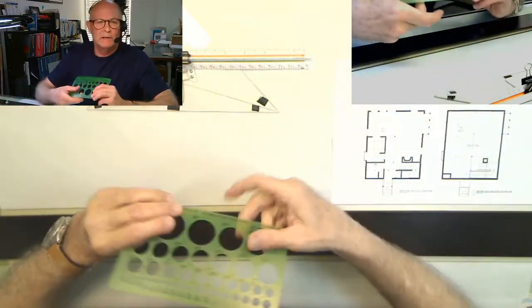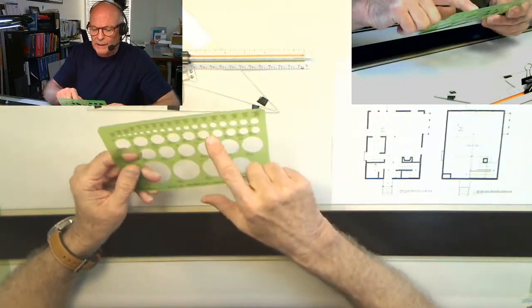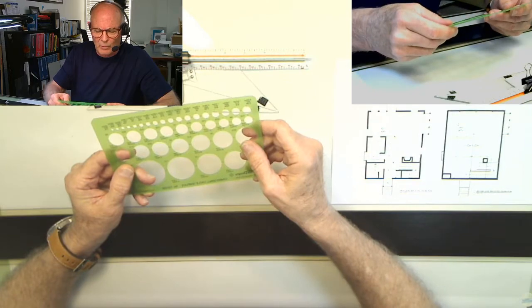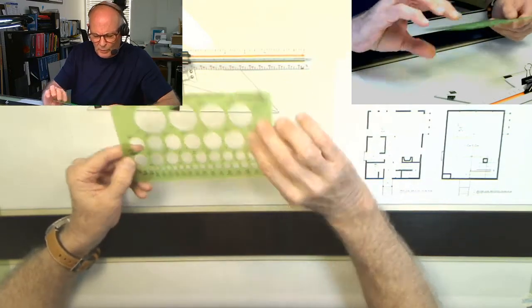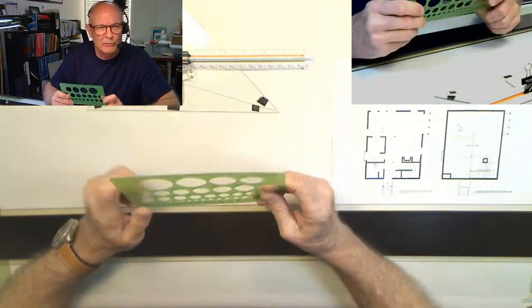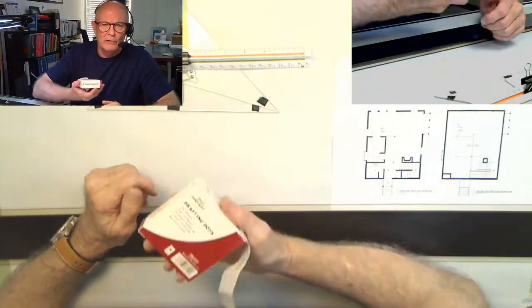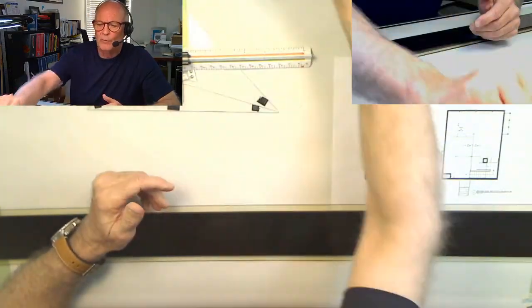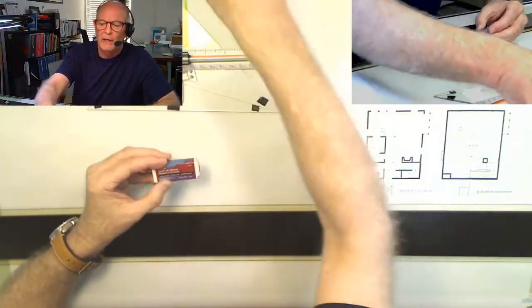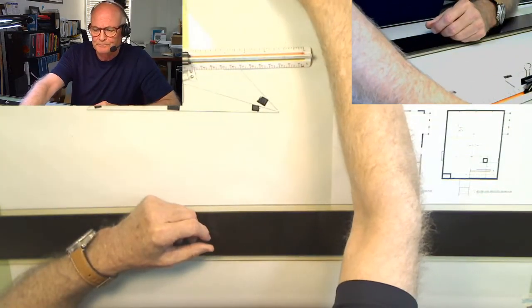Then a circle template that has a variety of circles. The ones that are going to be important are ones that are listed to have a 1/8 inch diameter circle in them. So that'll be helpful later on. Some tape for holding the drawings in place, and then eraser and pencil for the assignment.